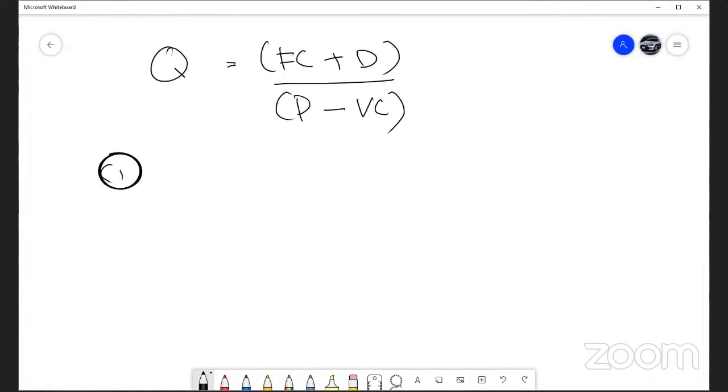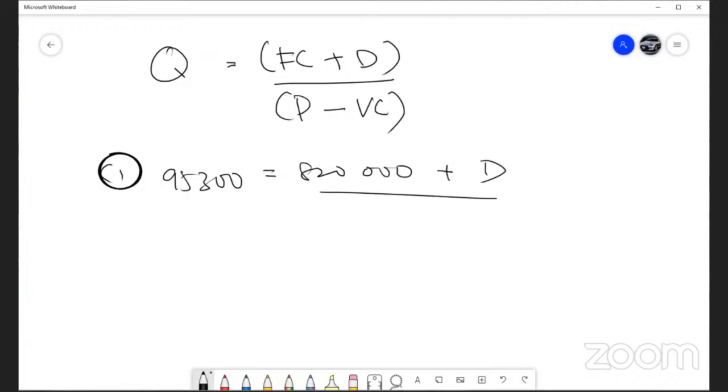Quantity 95,300 equals fixed cost 820,000 plus depreciation, which we don't know, divided by unit price 41 minus variable cost of 30. Find D. This gives you D equals 228,300.